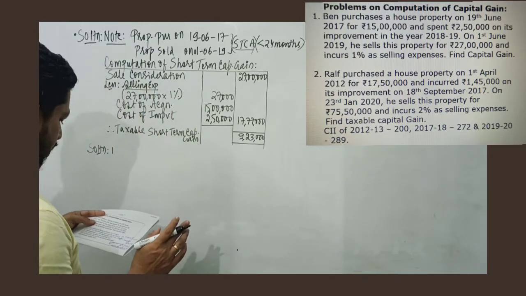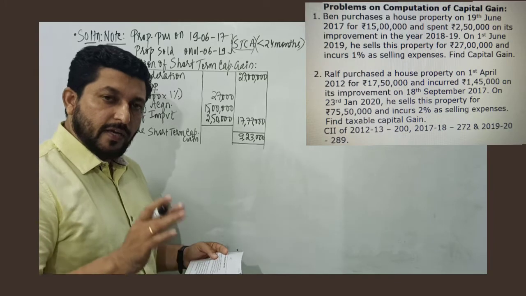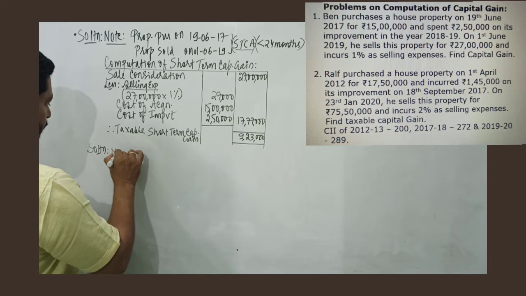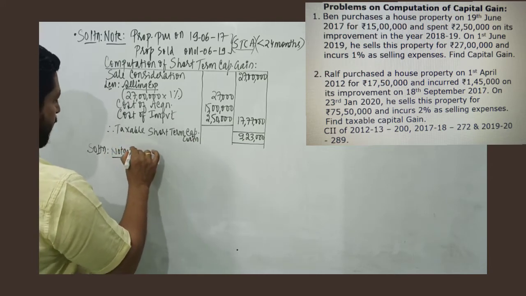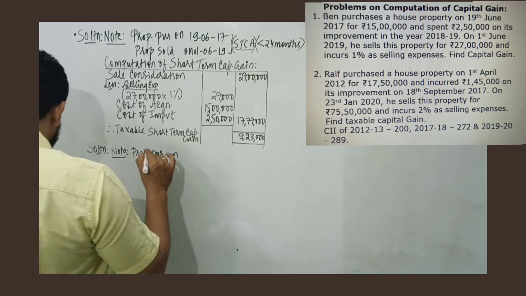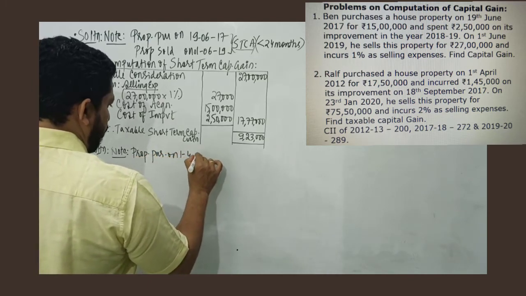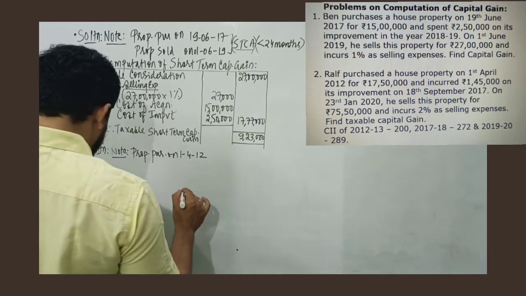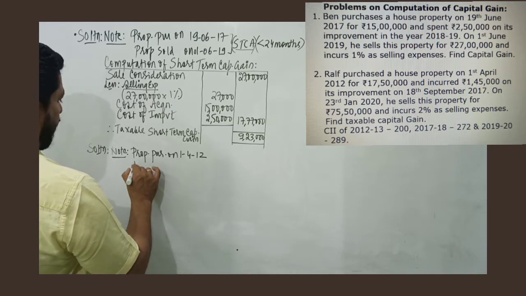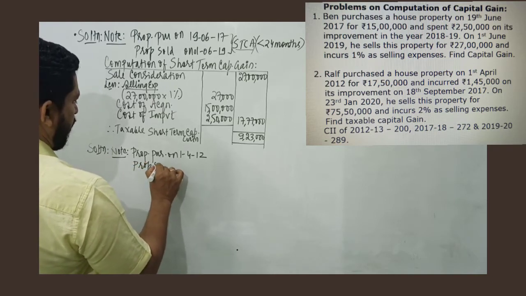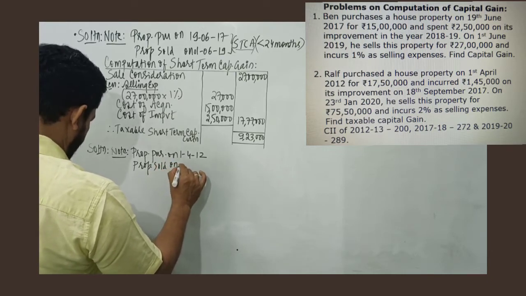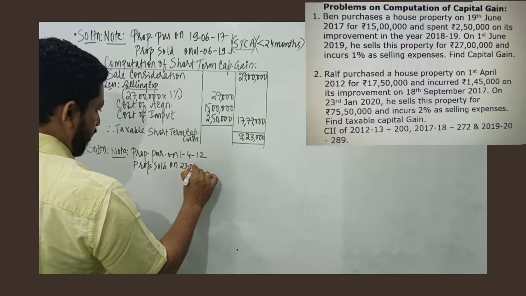So first we will find out whether this house property is a short-term or a long-term capital asset. So I record a note. Property purchased on 1st of April 2012. And property sold on 23rd January 2020.